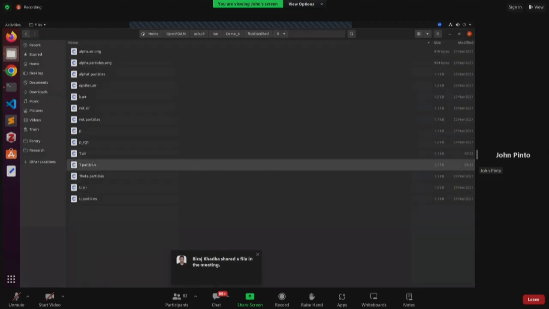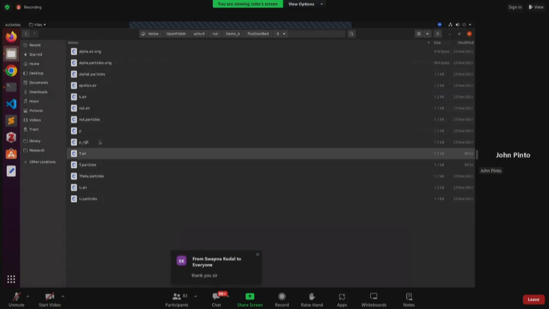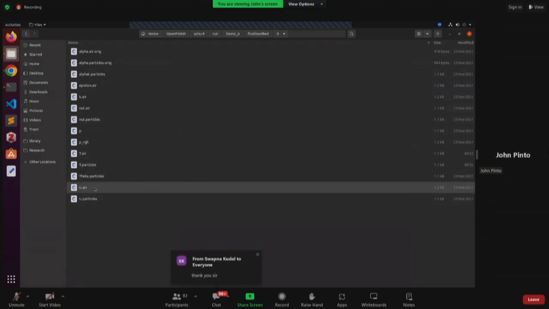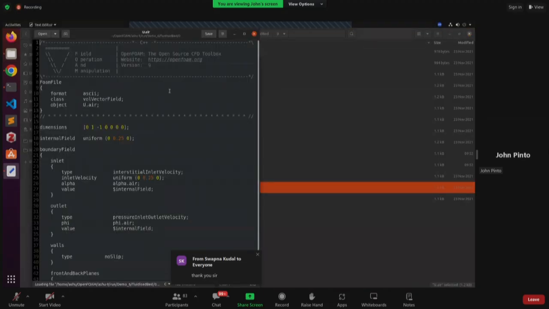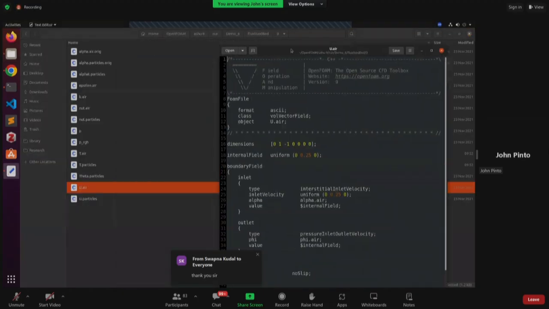Now let me go to the U.air velocity file. Sorry. We are going to pass air, as sir has said. Initially the channel will be filled with particles at the bottom, then we'll pass air.